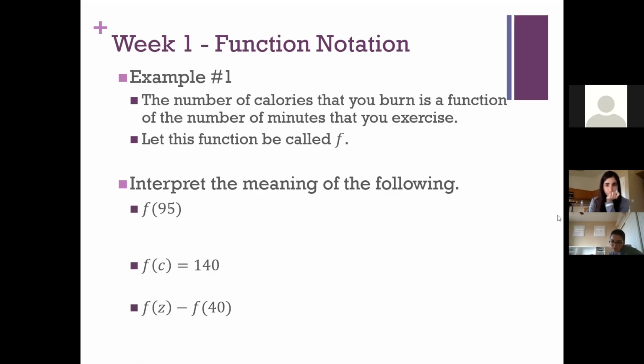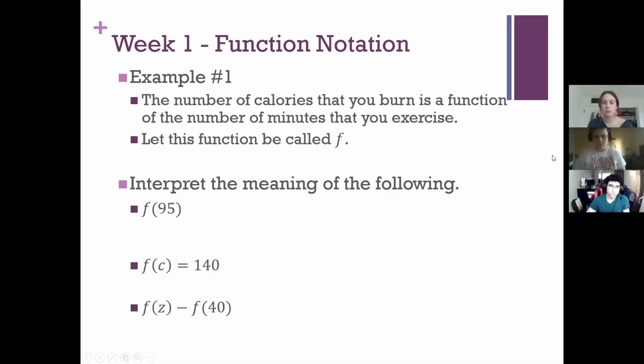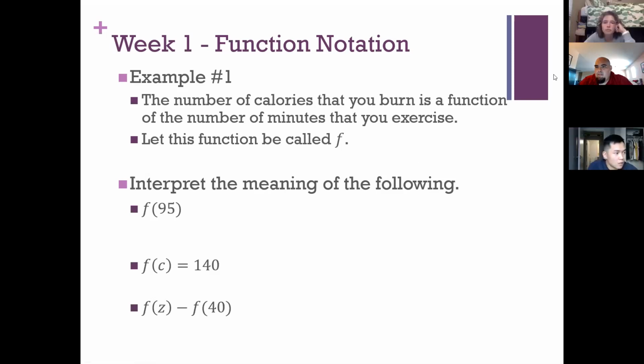Does anybody else have something a little different or something else they would like to add? I just put that it was the number of calories burned after 95 minutes of exercise. Okay, the number of calories burned after 95 minutes of exercise. And I got one in the chat. Ash says, doesn't it represent the value of the calories after 95 minutes?